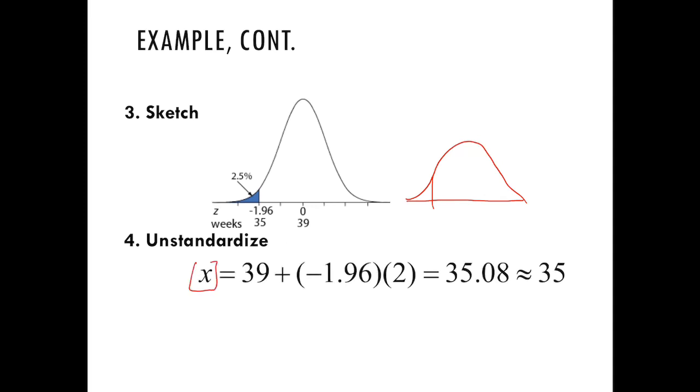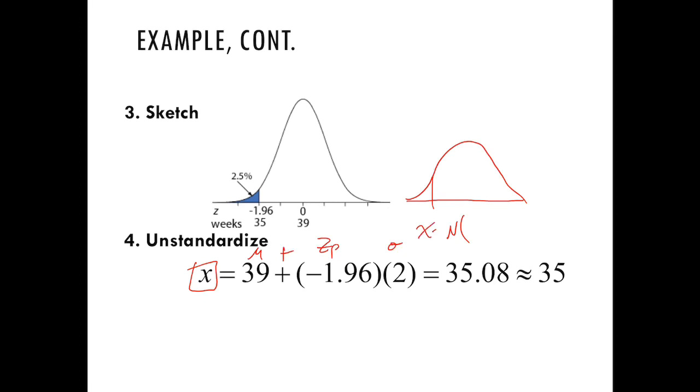So you would sketch this, and then you would solve it. So remember, we're solving for an x value here, where we have our mu plus our z percentile multiplied by our standard deviation. Remember that we had this as a normal distribution, right?